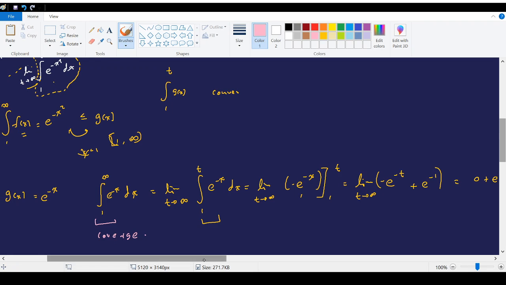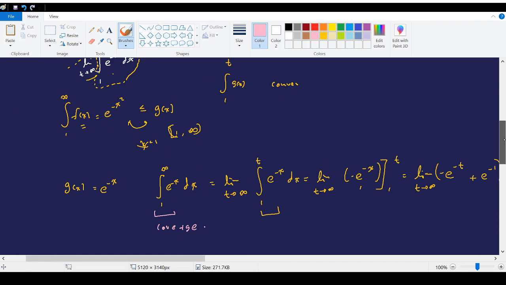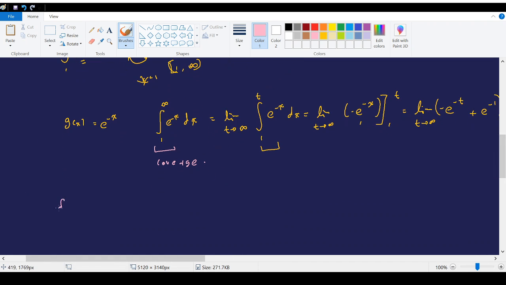Now if we can show that for x values in the given interval, f(x) is less than or equal to g(x), and as we have proved that the integral of g(x) converges, then from the comparison test we can say that we have the convergence of f(x) as well.